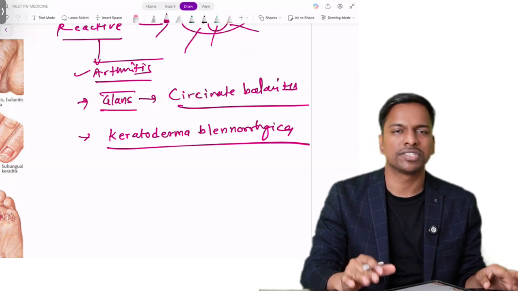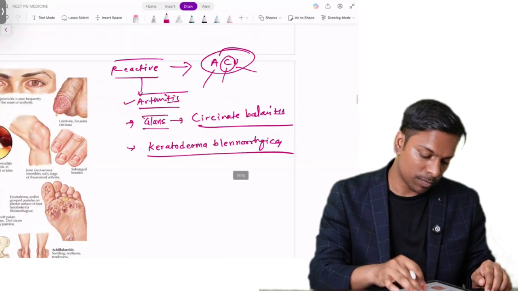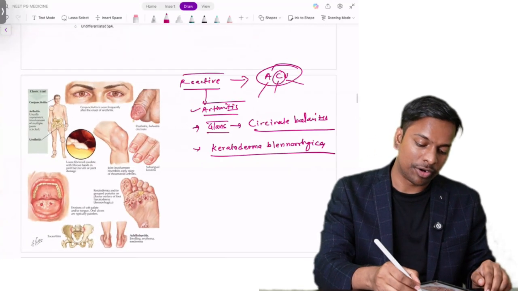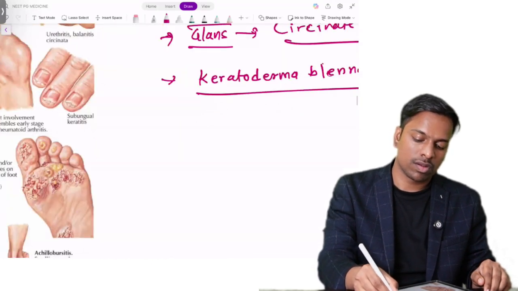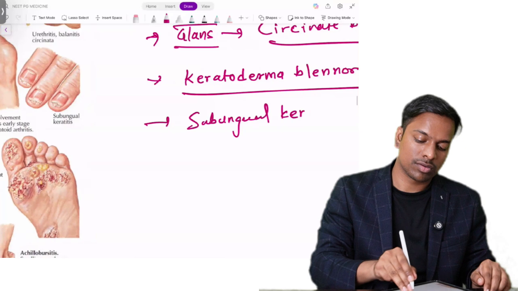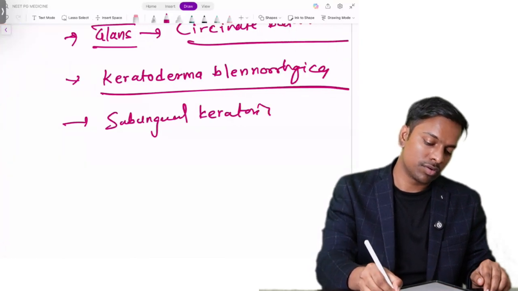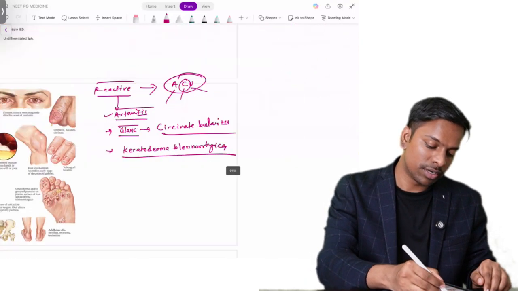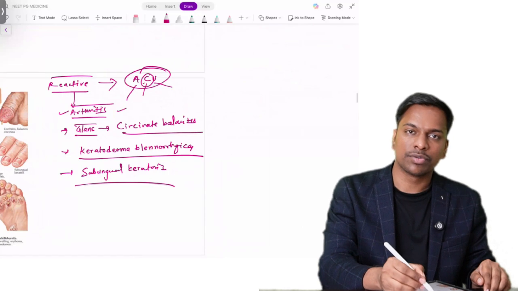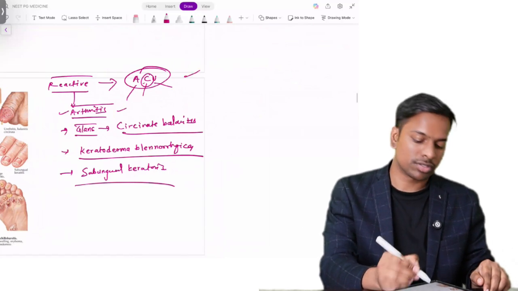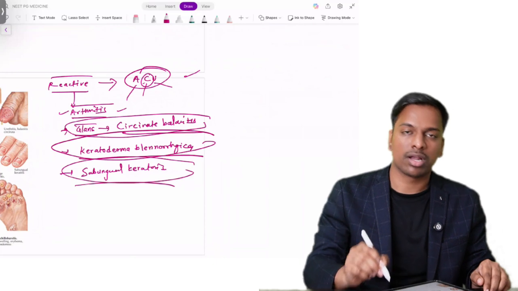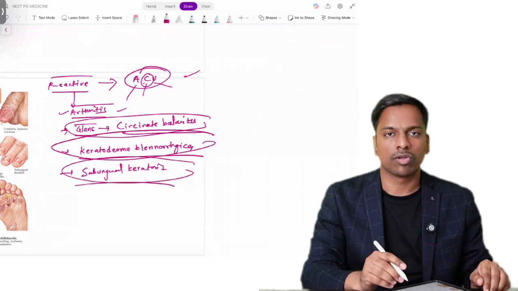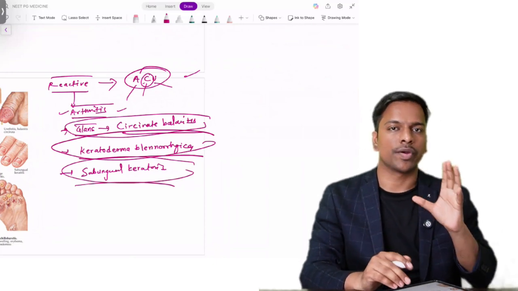Even subungual keratosis is there. So reactive arthritis has ACU: arthritis, conjunctivitis, urethritis. Plus it involves the glans, the feet in the form of keratoderma blennorrhagicum, and the nail bed causing subungual keratosis.